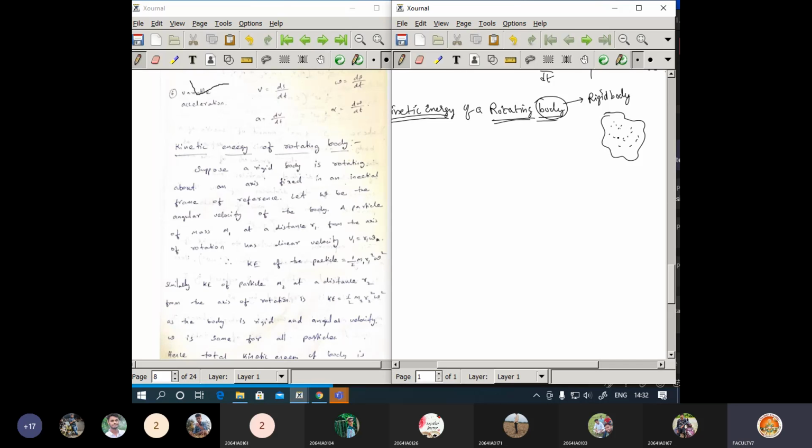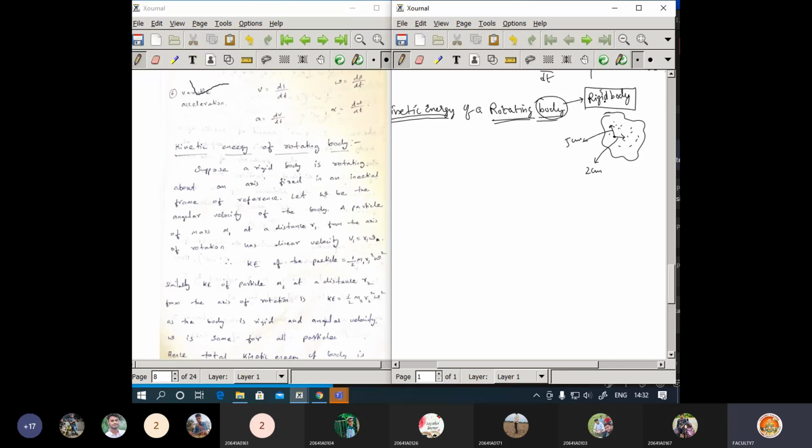If you consider any two particles, the distance between them will remain the same. If the distance is 2 centimeters, it will not change. If this particle is 5 centimeters away, it will remain the same even though the object is moving. So that gives the rigid body.